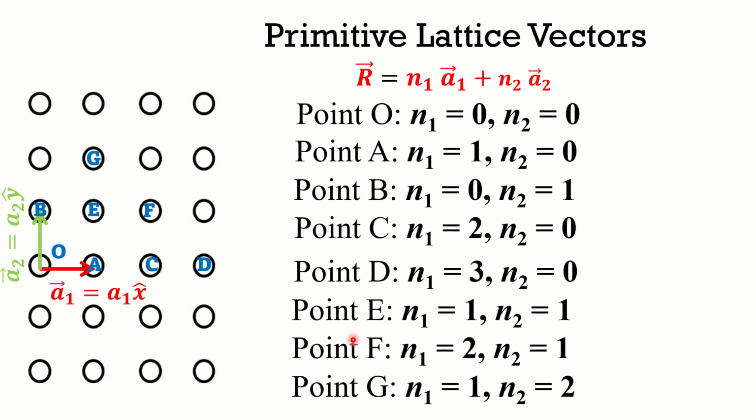So in this way, you can see that we can represent all the points by this simple r vector, which is actually represented by this primitive unit cell. Now for a 3D lattice, I should have n1 a1, n2 a2 and plus n3 a3.